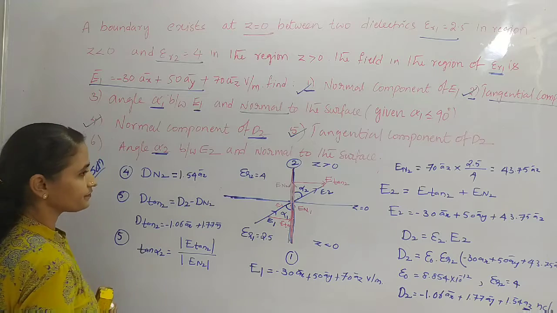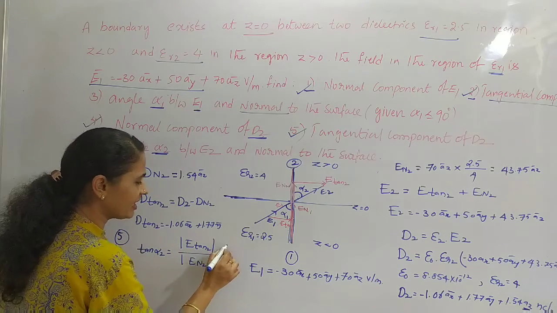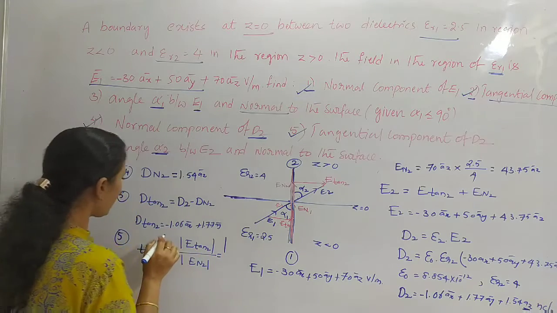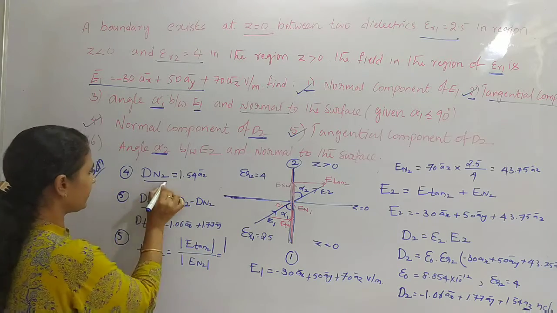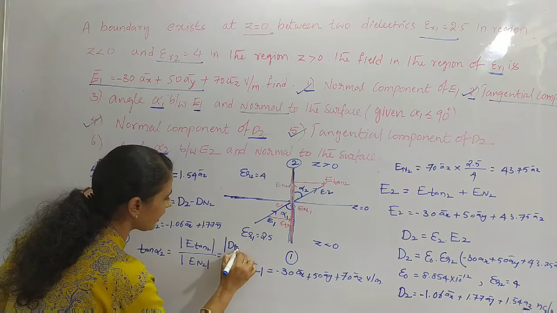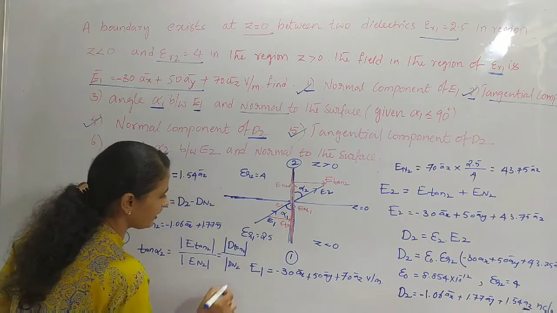Or you can also use flux density: if you have the values of dt2 and the normal component dN2, then it is also equal to magnitude of dt2 by magnitude of dN2.